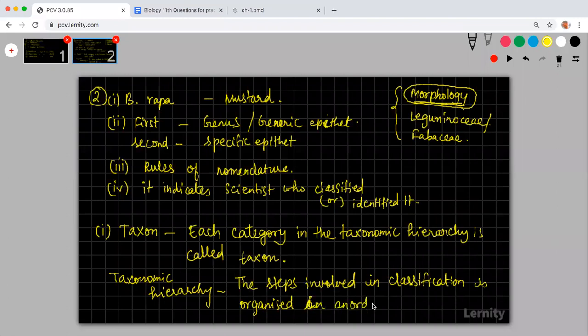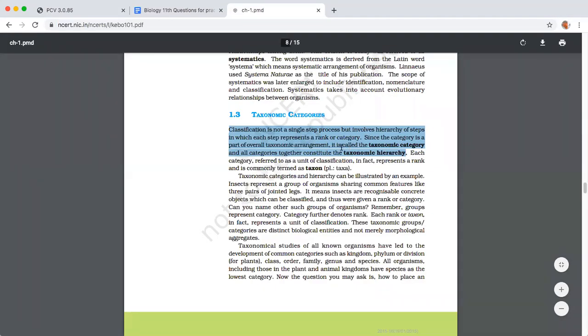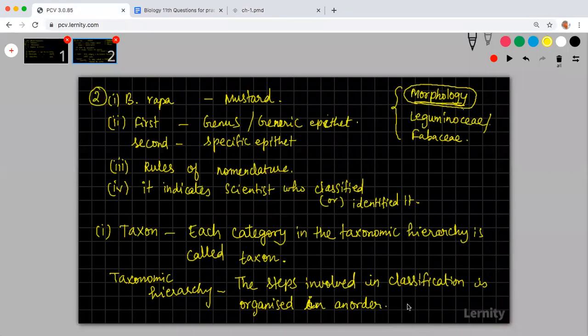Okay. This overall arrangement is called taxonomic hierarchy.